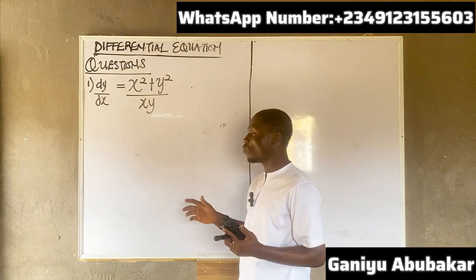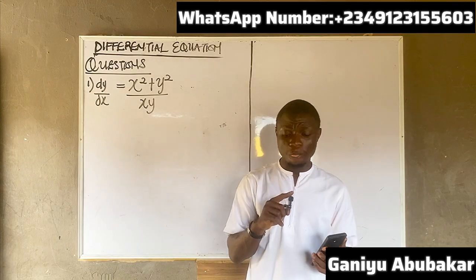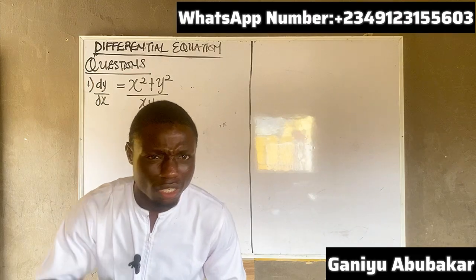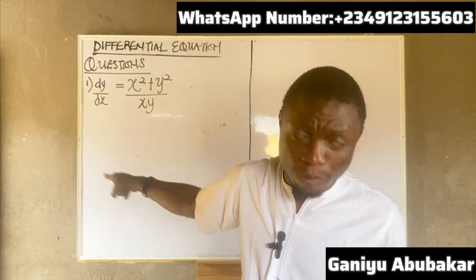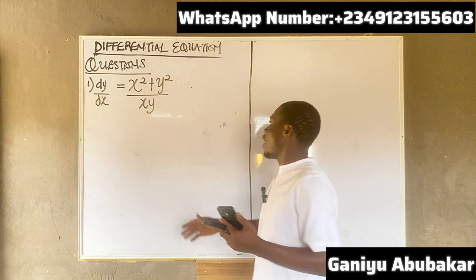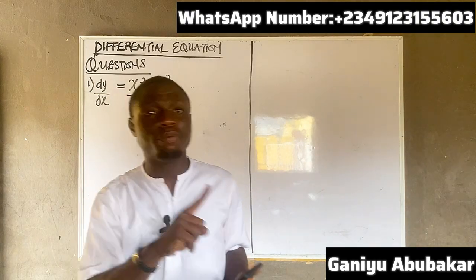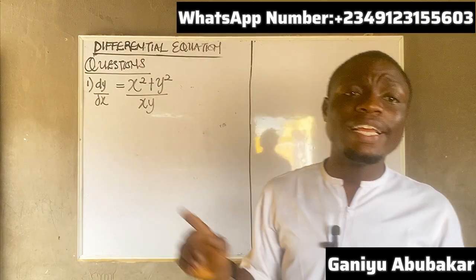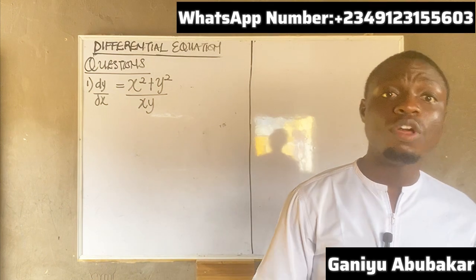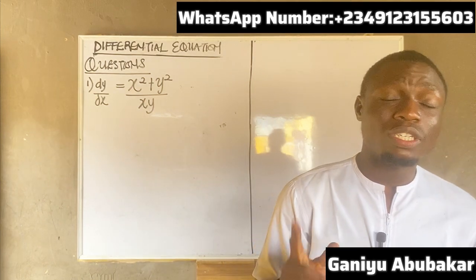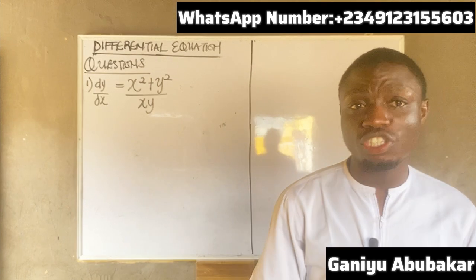Whichever one works. Let me show you how you can easily spot the method we're working on now. Here's the idea. I have a mixture of both x and y. Must this be variable separation? This is a mixture of x and y, so I know my first task is to use the idea of variable separation.